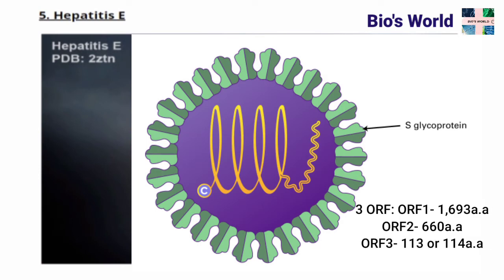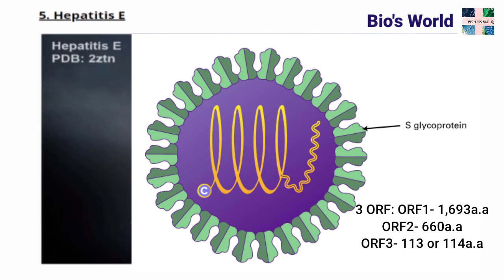Next is about the hepatitis E virus genome, which contains three open reading frames, that is ORF1 to 3. ORF1 encodes a protein of 1693 amino acids containing functional domains including a methyltransferase, cysteine protease, RNA helicase and RNA-dependent RNA polymerase.